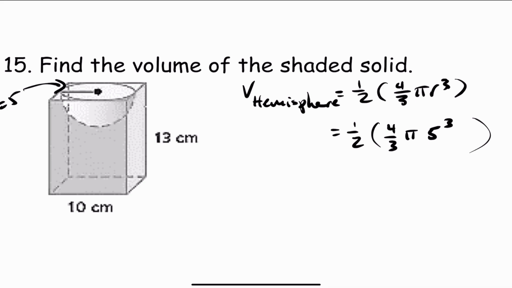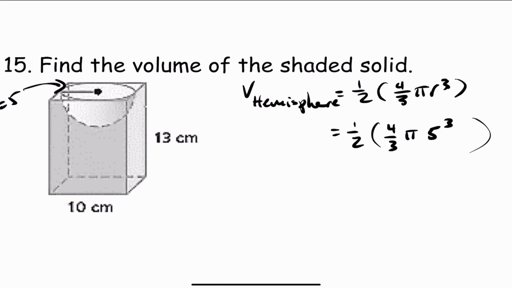Now I'm going to use my calculator, and I'm going to calculate this. So 4 divided by 3. And I'm going to include the pi this time, because it's going to be really hard to leave our answer in terms of pi here.